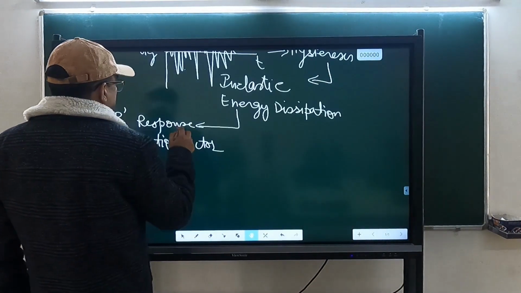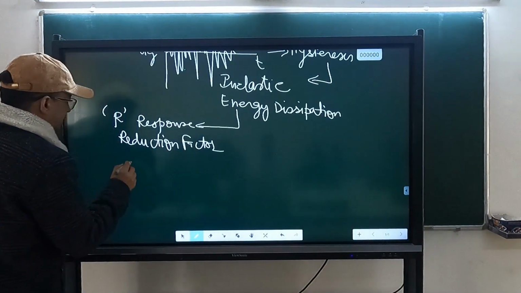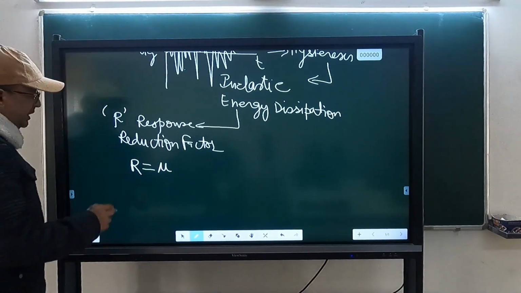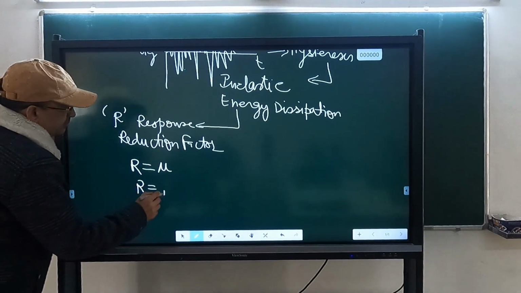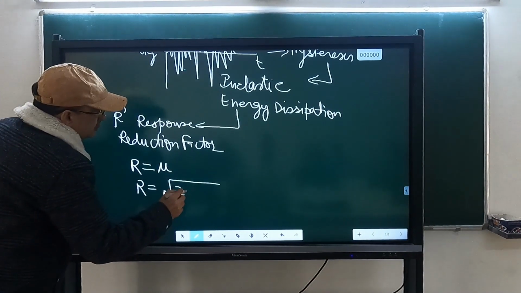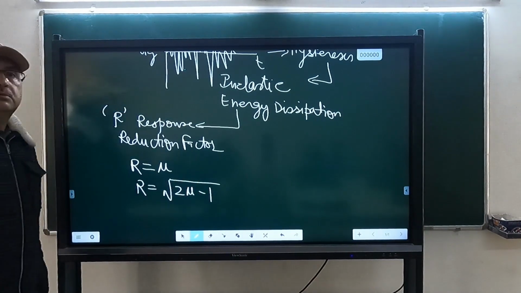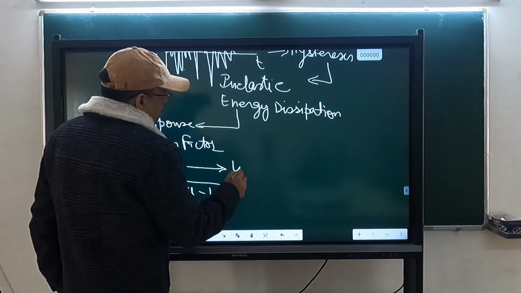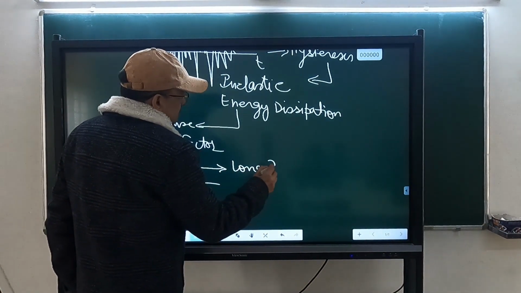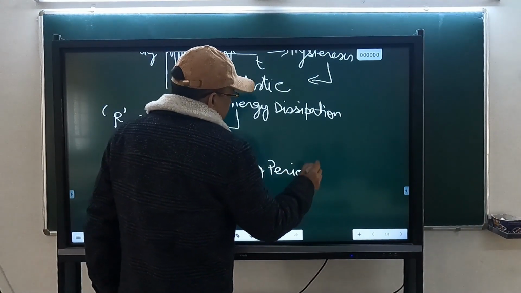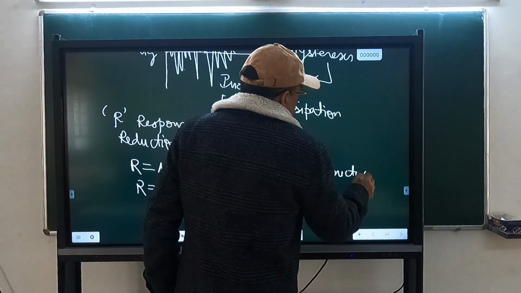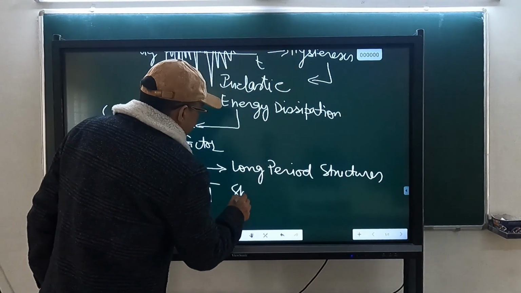Using the equal displacement principle, we get R is equal to mu, and using the equal energy principle, we get R is equal to square root of 2 mu minus 1. So the first is for long period structures, and the second is for short period.